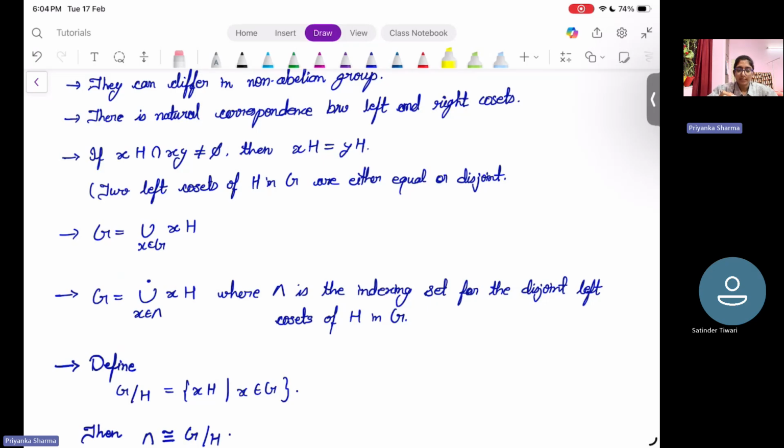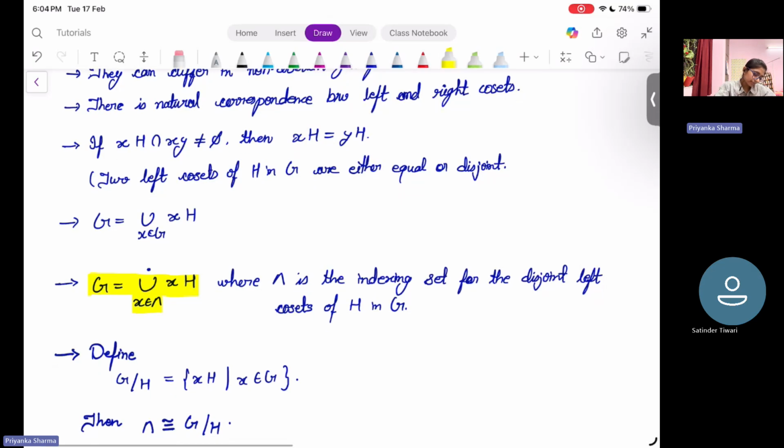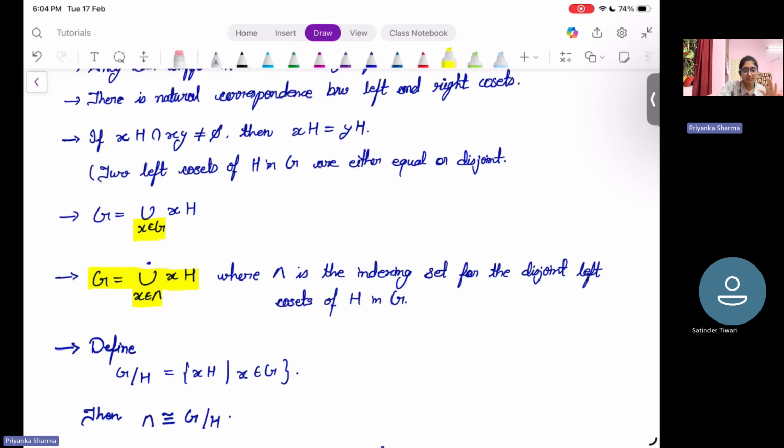So we need to consider a disjoint union of left cosets of H in G. That is represented by this: G is a disjoint union of xH, but here the x will come from the index set. And if we take in general x belonging to G, then this union can be non-disjoint.